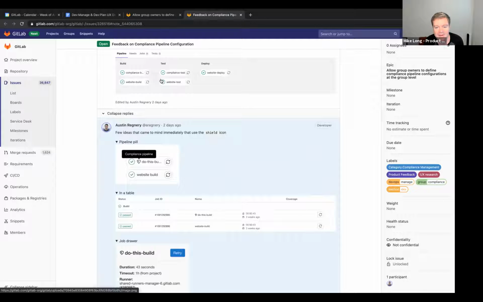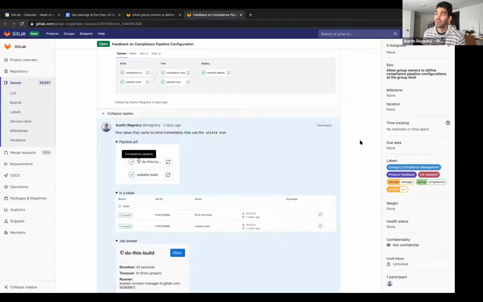Yeah, how was that problem identified? How did it become a problem to solve? It became a problem to solve because there were project maintainers, or really group owners, that needed to enforce a requirement in their teams.